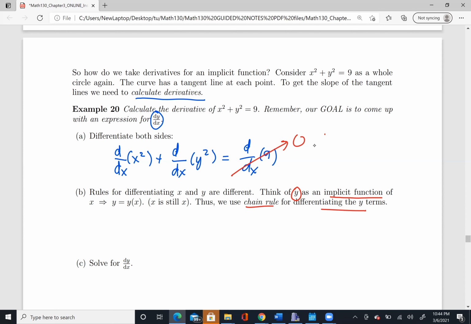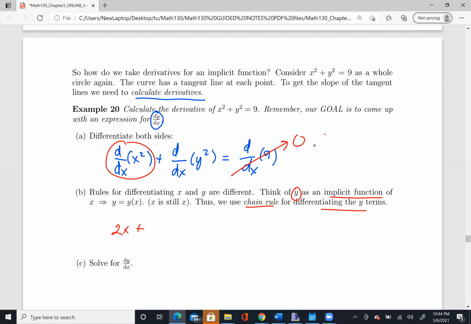Let me show you. The first term here will give you 2x, easily, right? Because the derivative of x squared is 2x. Plus, now taking the derivative of y squared, you need to use the chain rule.